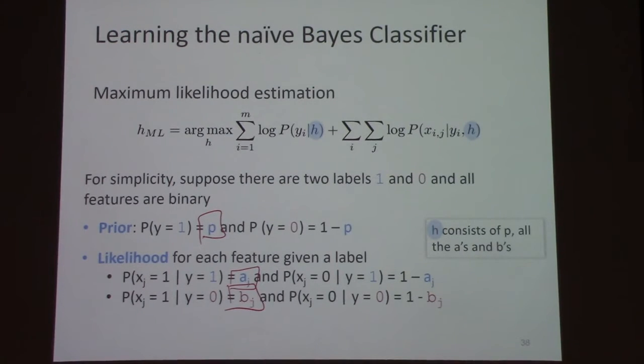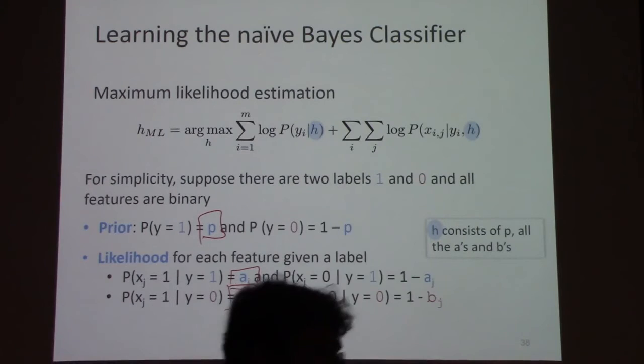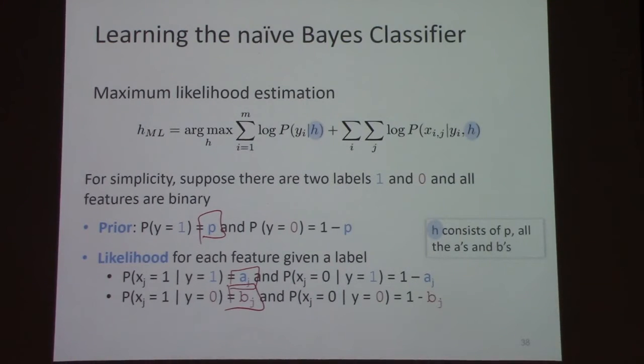Before we go ahead, let's try to see if we can guess the values of these things. Suppose I give you 10 examples. In those 10 examples, 8 of them are labeled 1 and 2 of them are labeled 0. What's the value of P? 0.8. This is fairly trivial, right?